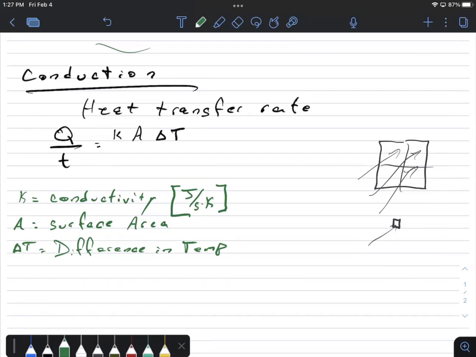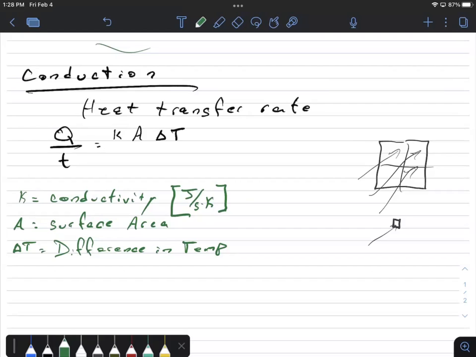And because there's a big difference in temperature, that energy really, really wants to leave to the colder area. Whereas if it's 75 inside and 75 out, or 73 outside, there's not really that big of a difference in temperature. And so the energy isn't really trying to escape. It's just kind of leisurely leaving. So this heat transfer rate should depend on how big of a difference in temperature there is between the two ends of your material.